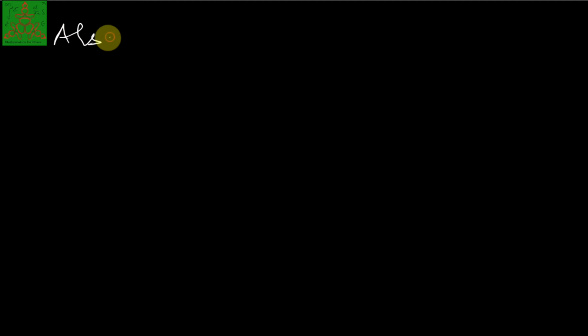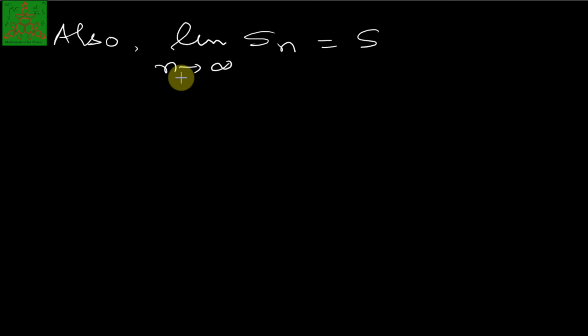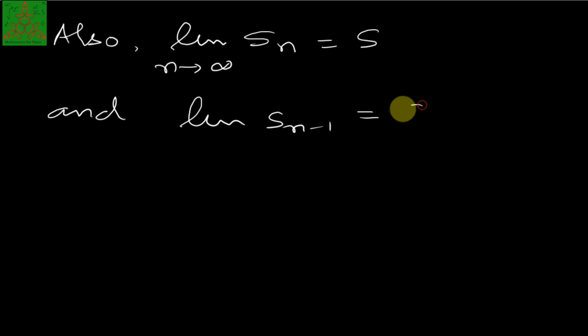Also we have the limit of Sn is s as n tends to infinity, by the definition of a convergent series. Since the nth partial sum is going to s, the n minus 1th partial sum, that is the limit of Sn minus 1, is also s as n tends to infinity.